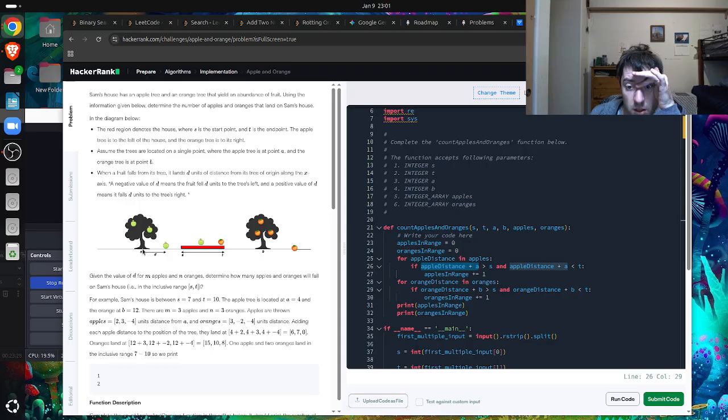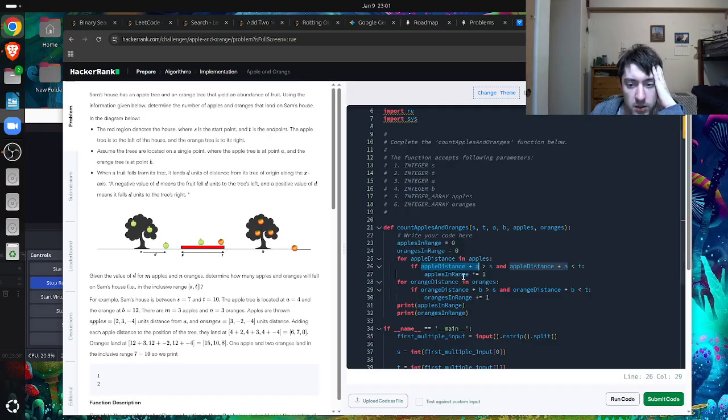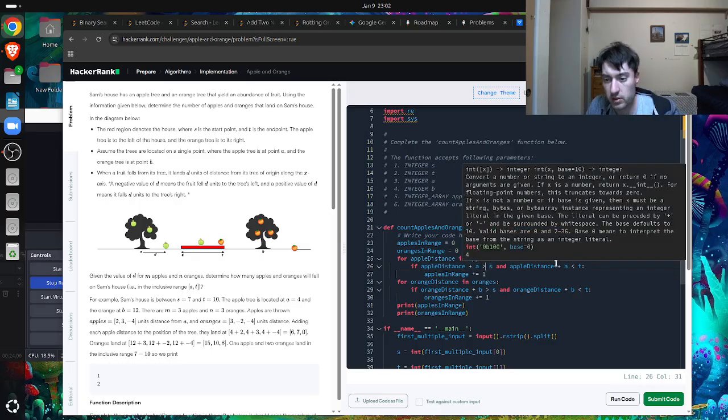So if where I currently am plus how far it falls, and to the right is positive, is greater than S, this region, and is less than T. The only other thing that I can think of, hold on, is it said inclusive somewhere?